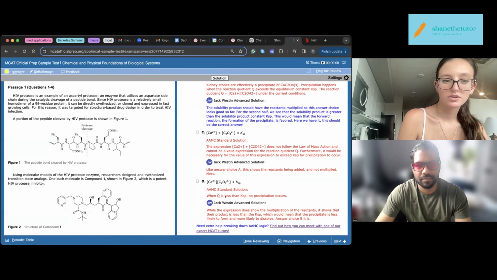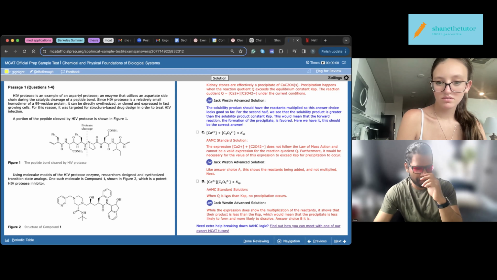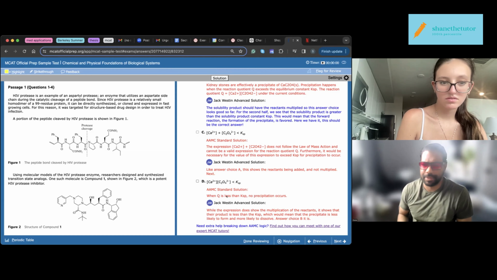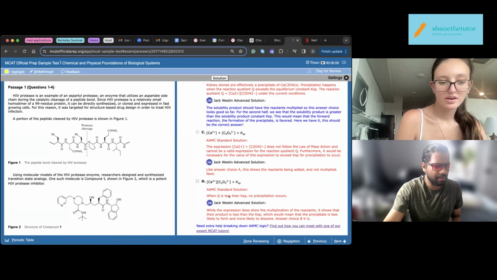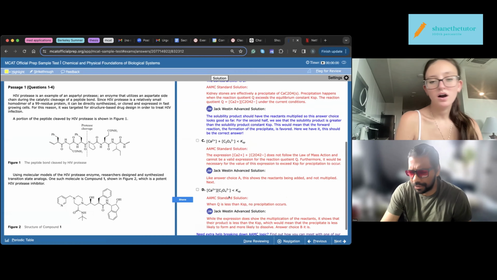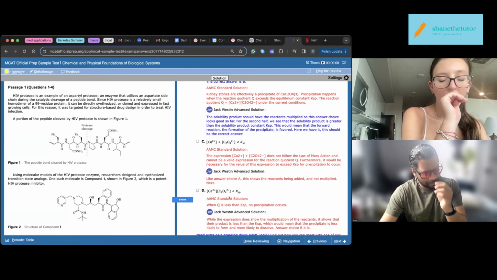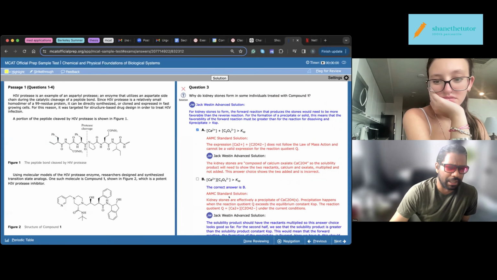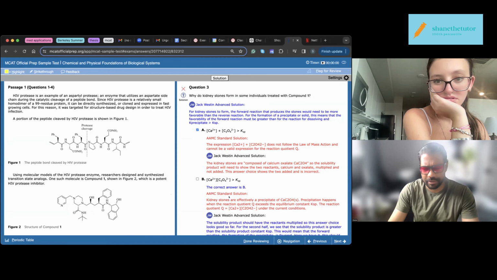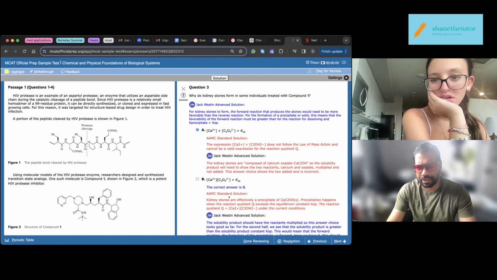How do I know which one? In this context, Q is going to be something called the reaction quotient. Basically just like K, except not at equilibrium. So we can eliminate the ones with the plus signs in them, and then we have the choices where they multiply correctly, but would it be below Ksp or greater than Ksp?